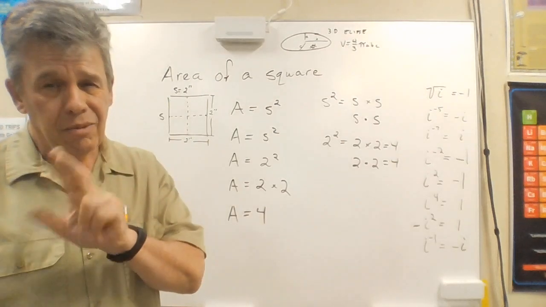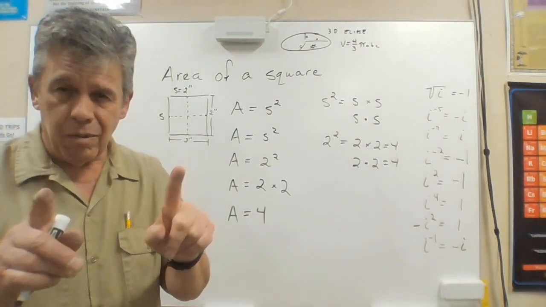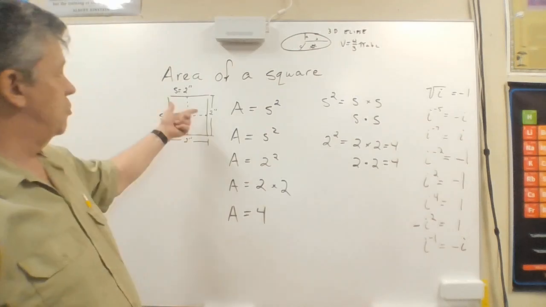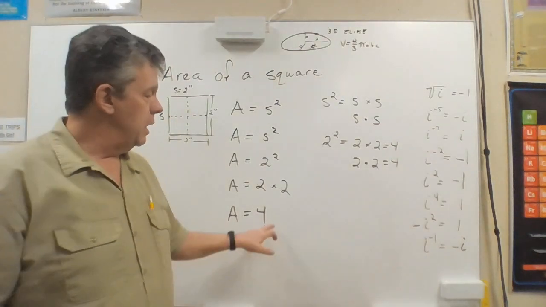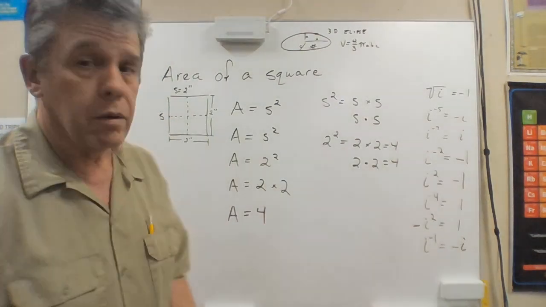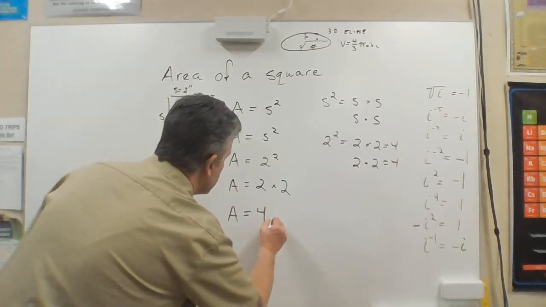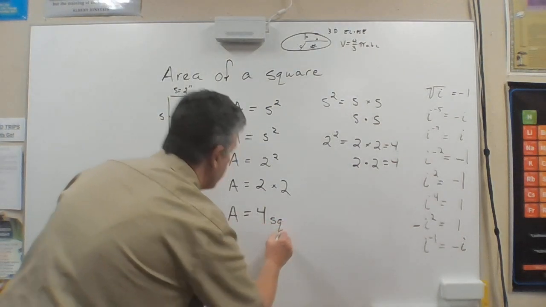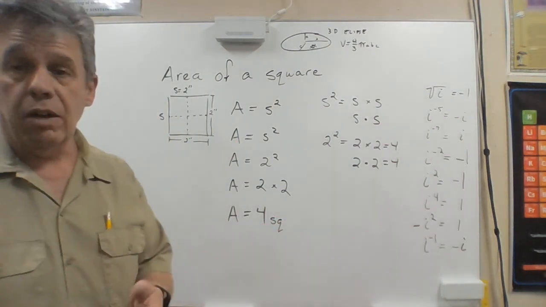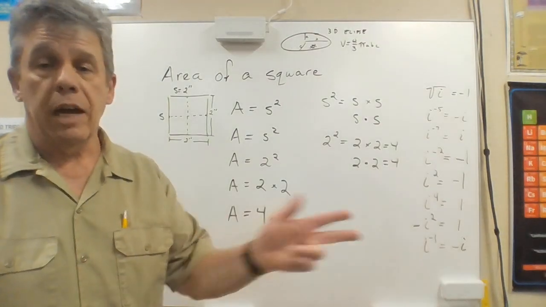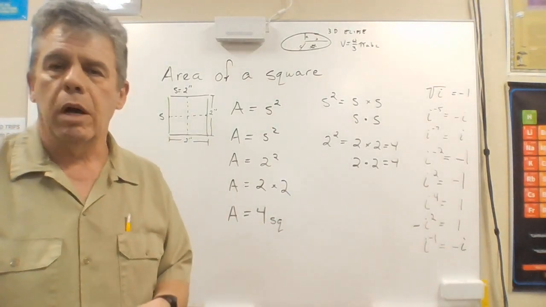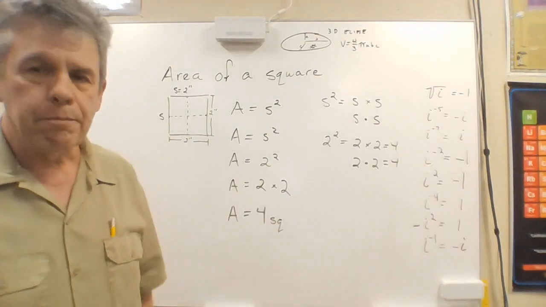But we're not just talking about how long something is anymore or how tall something is. We're talking about how many of these squares fit. So when we label our answer, it's very important that we label it square, which we can abbreviate SQ, or we could spell it out, square. Your teacher will not mark you wrong in most cases for that.